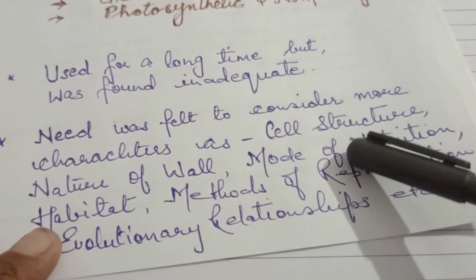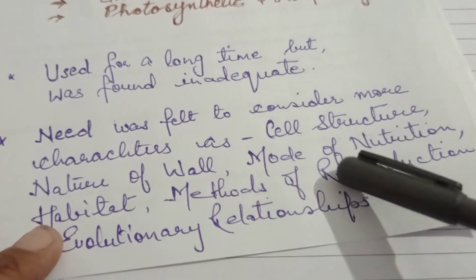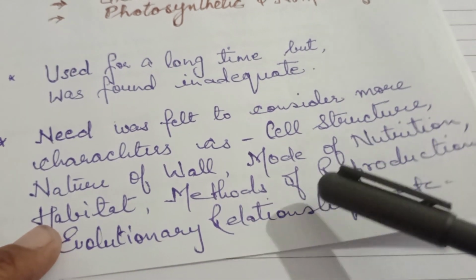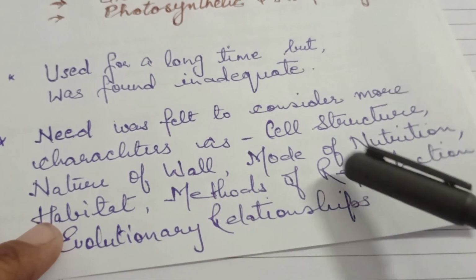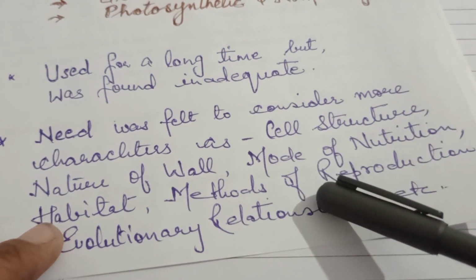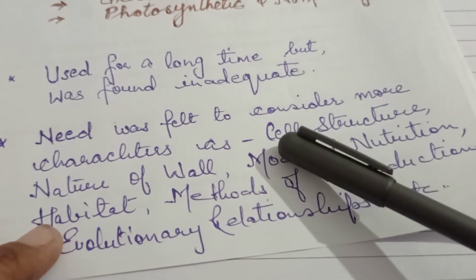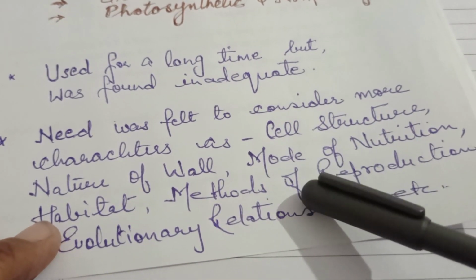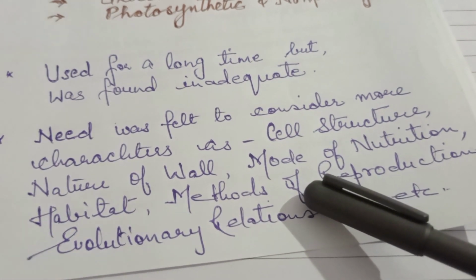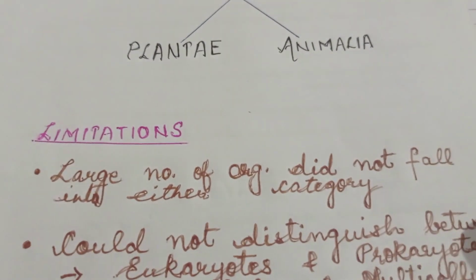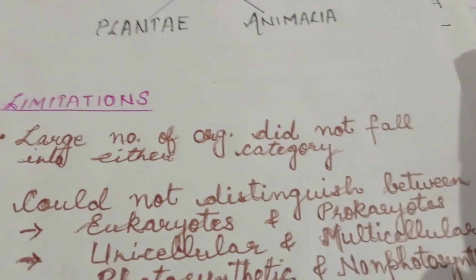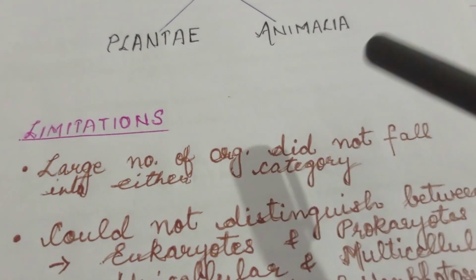Some more criteria needed to be considered, and so the two kingdom classification also was not found adequate.